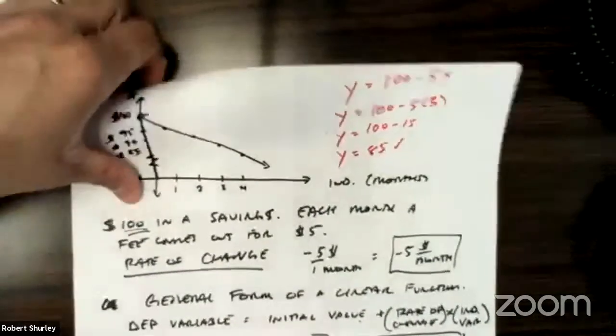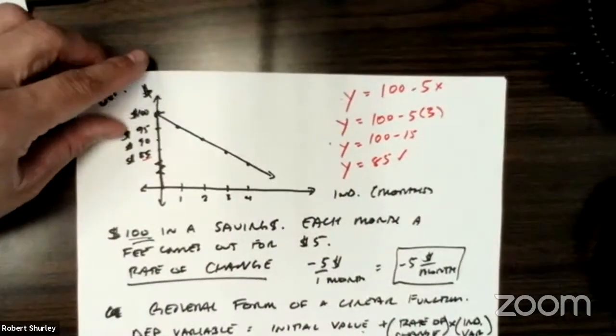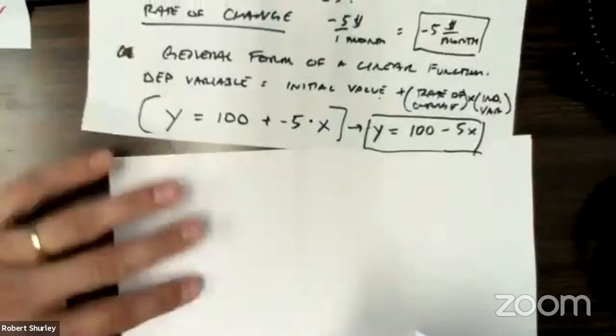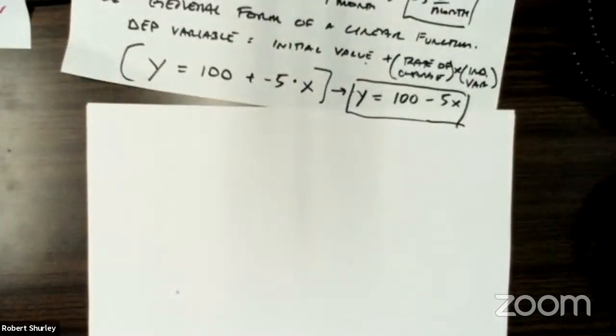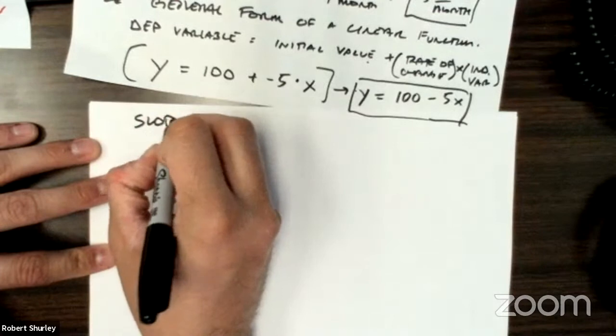Now, for whatever reason, someone decided to not write it like that anymore, and they decided to write the rate of change first. By doing that, you get the slope-intercept form. I'm going to write it like that.